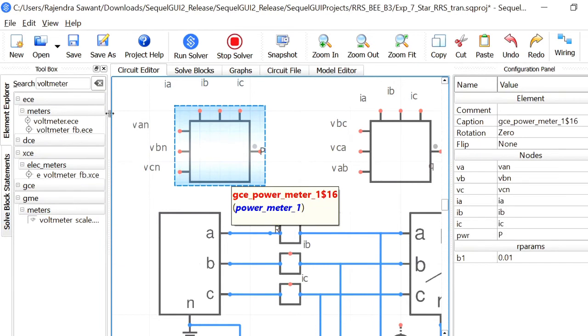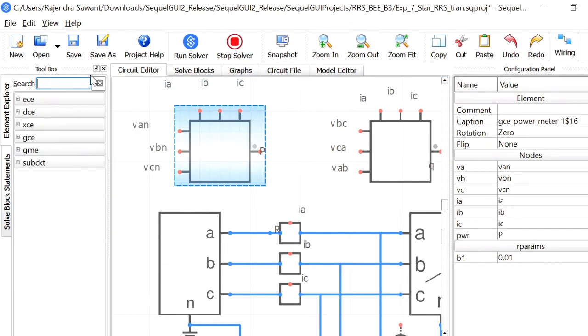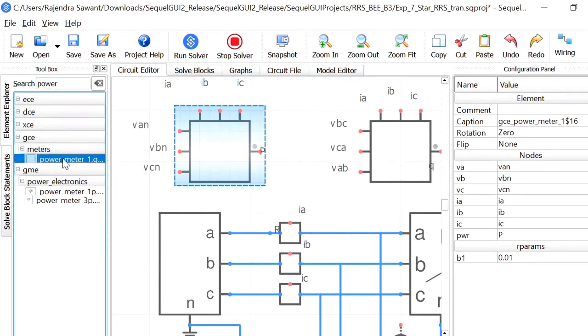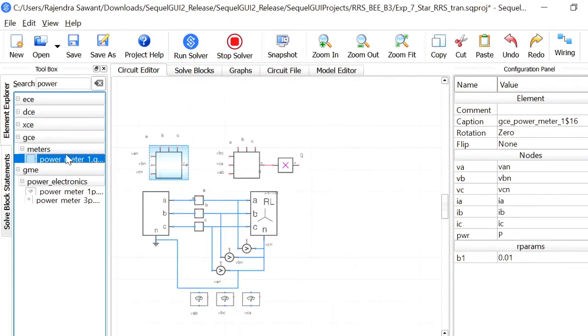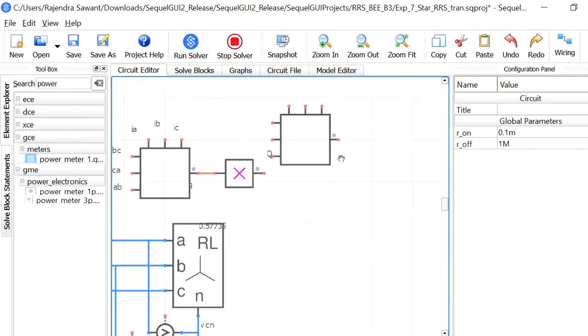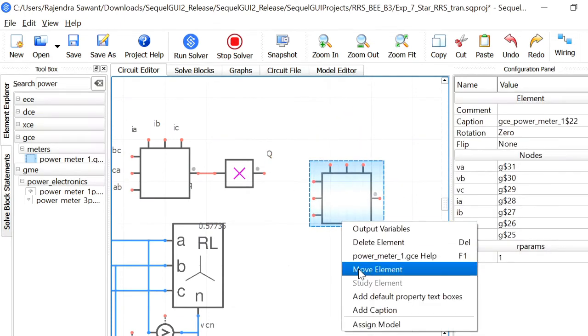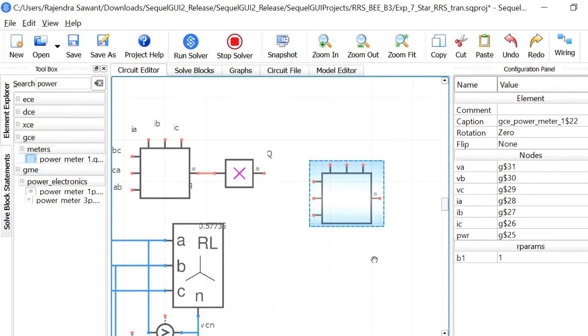Just type in power and go to the GCE and select this. If you select this here, we shall be getting this block. But what is this block? This block can be studied something like this.